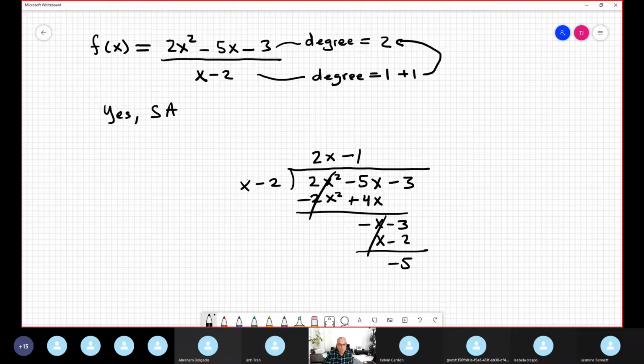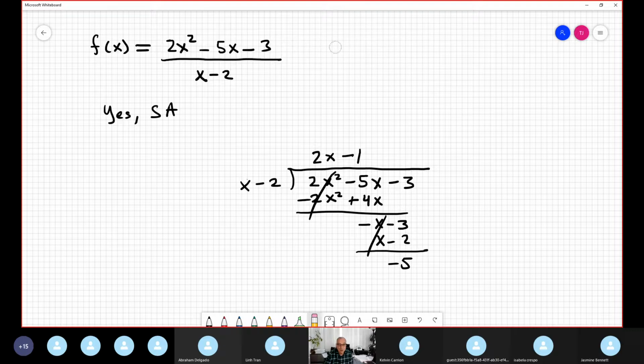Therefore, the expression given at the beginning is equivalent to 2x minus 1 minus 5 divided by x minus 2. Okay?